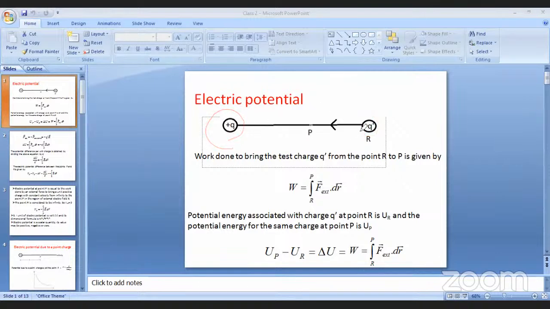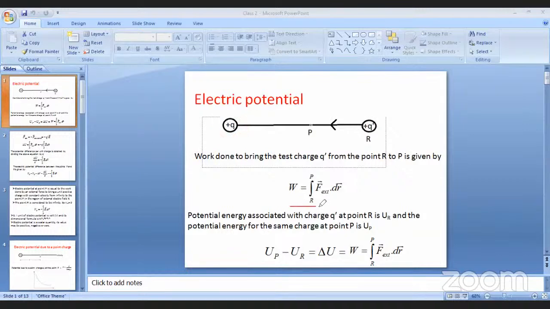So we have to do some work against the electric field of this source charge. Initially this test charge is at the point R, and I have to move this test charge in the field of this source charge. For that I have to do some work against the electric field of this source charge.